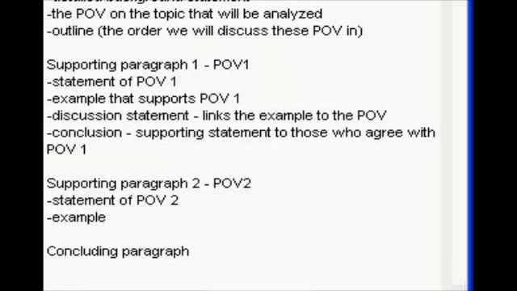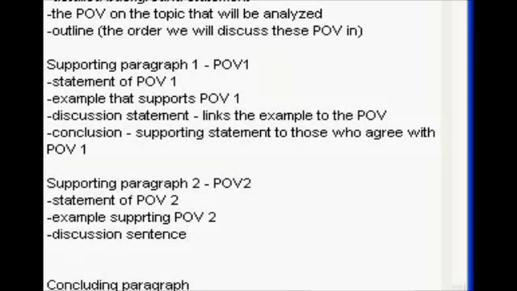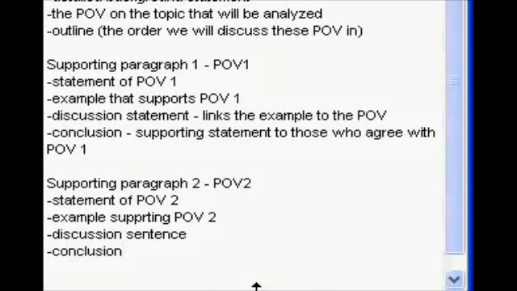The second being an example supporting point of view 2. The third being once again a discussion sentence. And this discussion sentence links the example of point of view 2 with the statement. And finally a conclusion, which once again shows that we understand why some people support this point of view, which is that McDonald's is not a great restaurant.